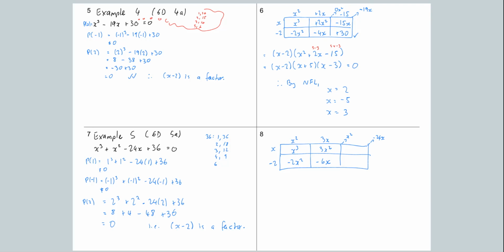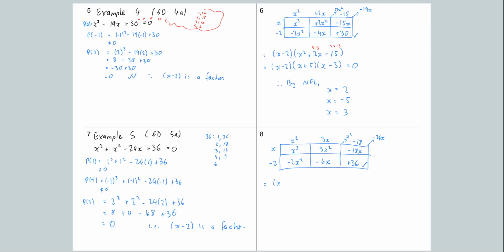We've got minus 6x. We need to get to minus 24x, so it's going to be minus 18x here. X times negative 18 will give me negative 18x, and negative 18 times negative 2 is positive 36, and positive 36 is the last term, so that's a winner.